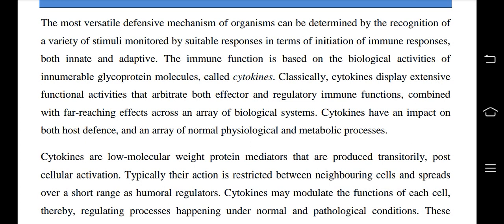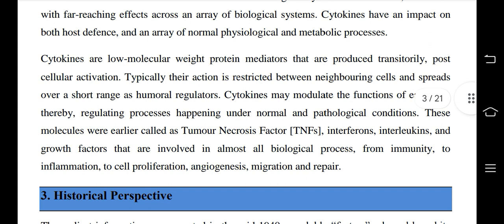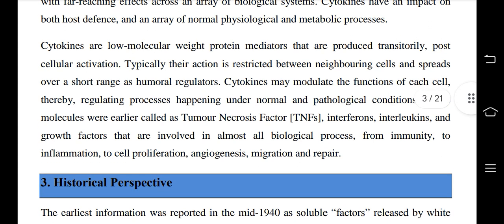The immune function is based on the biological activities of innumerable glycoprotein molecules called cytokines. Classically, cytokines display extensive functional activities that arbitrate both effector and regulatory immune functions, combined with far-reaching effects across an array of biological systems. Cytokines have an impact on both host defense and an array of normal physiological and metabolic processes. Cytokines are low molecular weight protein mediators that are produced transitorily post-cellular activation. Typically, their action is restricted between neighboring cells and spreads over a short range of humoral regulators.